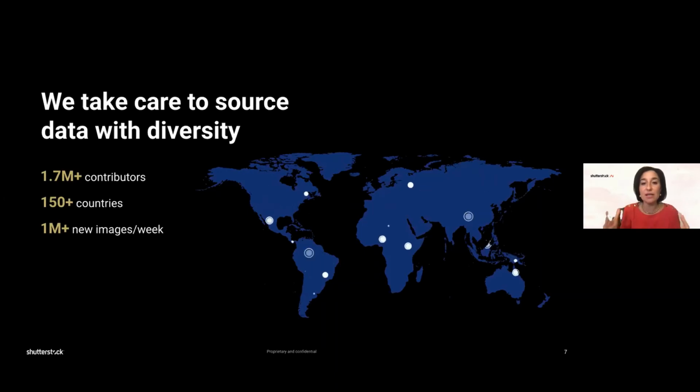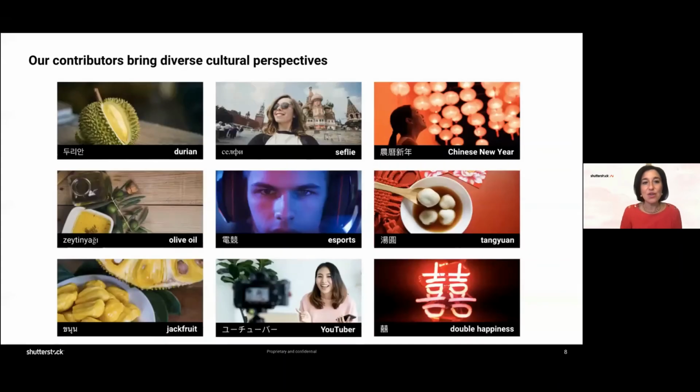And we constantly keep this repository of data fresh with over 1 million new items per week. So the data set that we collect is very much a representation of the diversity that we do have in the world in terms of language, in terms of culture, in terms of habits, in terms of color and food and regional preferences.